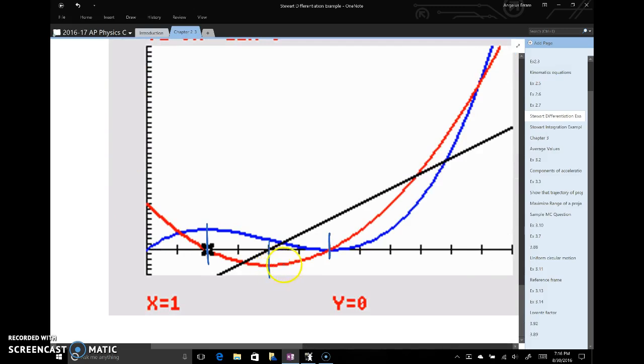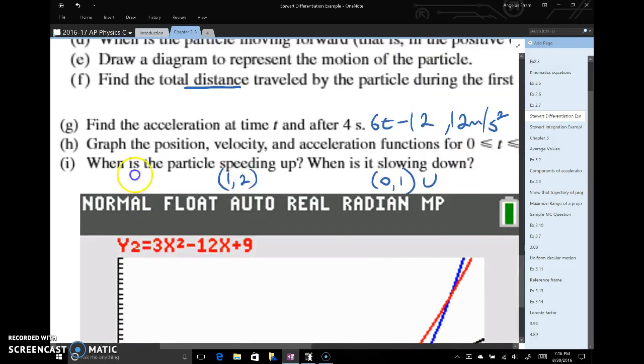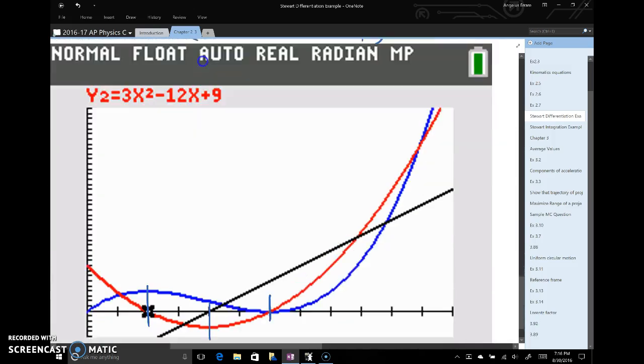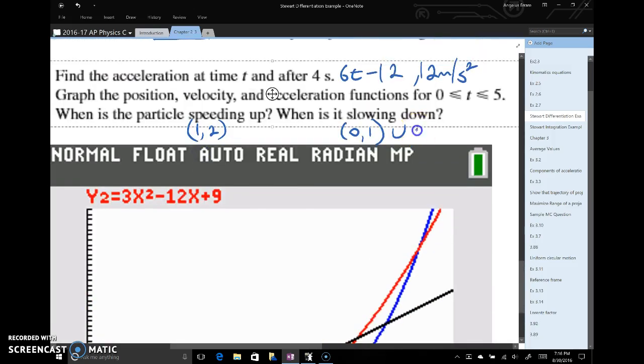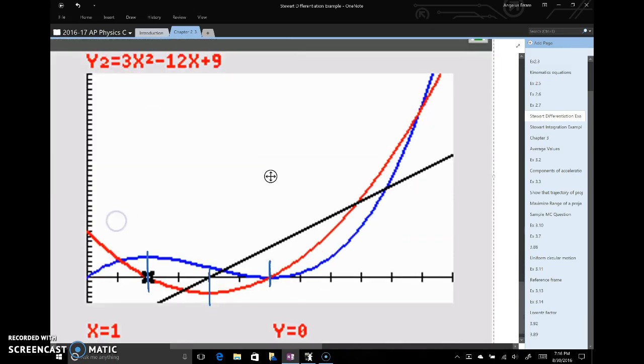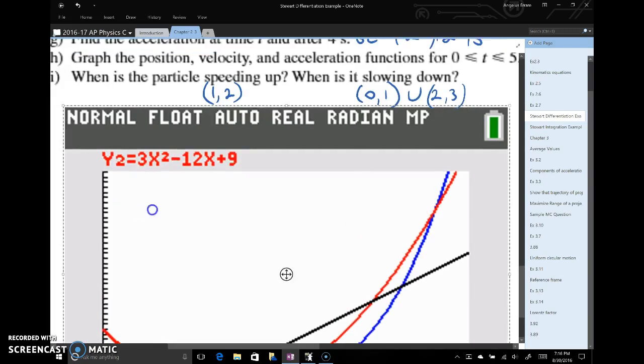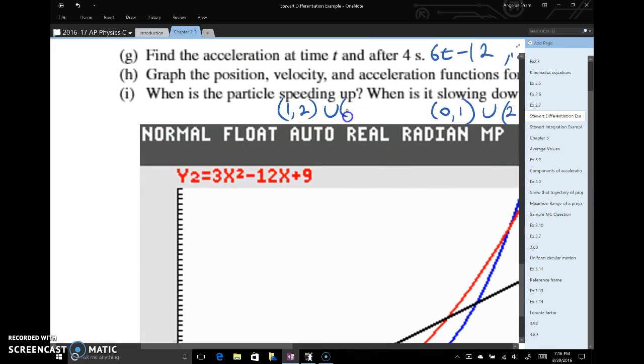Now here, the magnitude along the y-axis is decreasing. We're decreasing the value along the negative y-axis. So we're slowing down again. So that was from 2 to 3. And then from 3 onwards, we're speeding up. The magnitude of the velocity there is increasing.